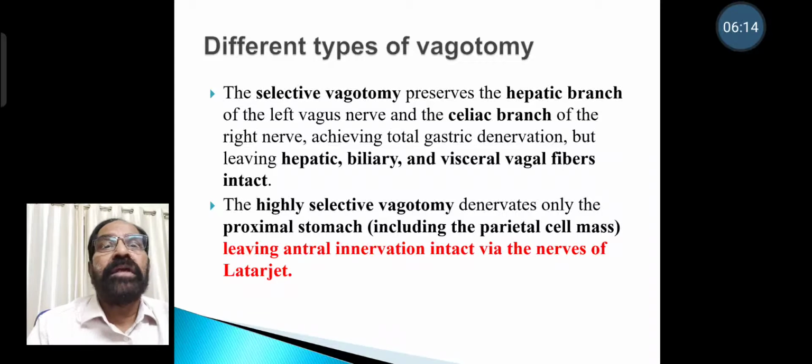In highly selective vagotomy, it denervates only the proximal stomach, including that of the parietal cell mass, leaving antral innervation intact via the nerves of Latarjet.